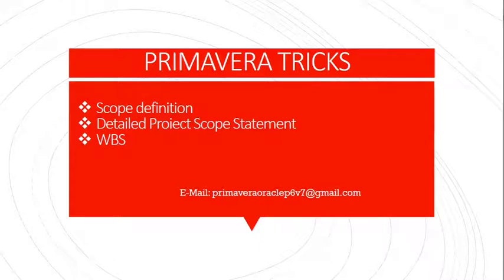When you start scheduling or planning any project, you have all the documents with the contracts, you can take from them and go through them. The scope definition is already given in the statement of work also.